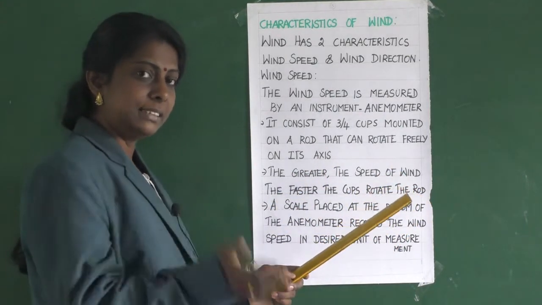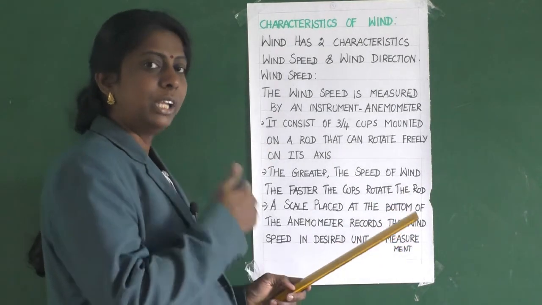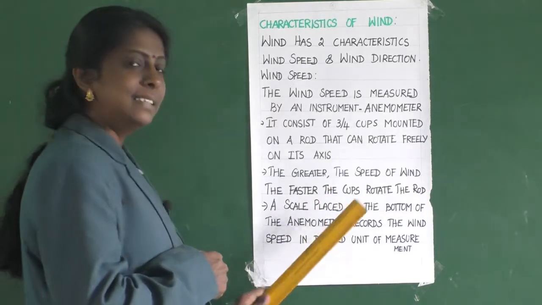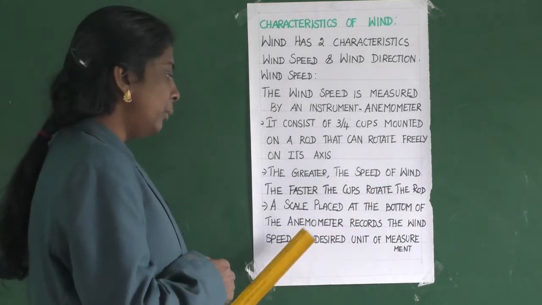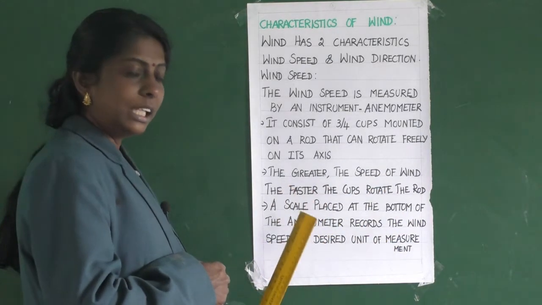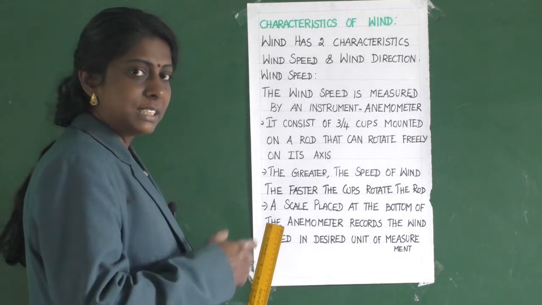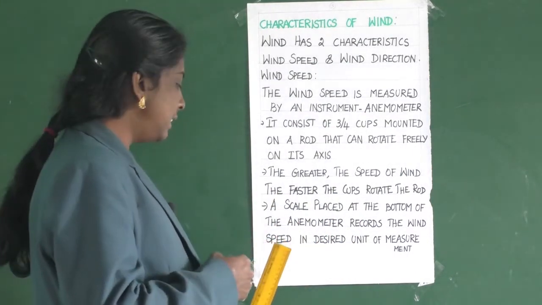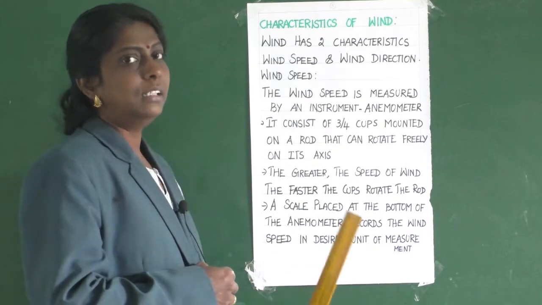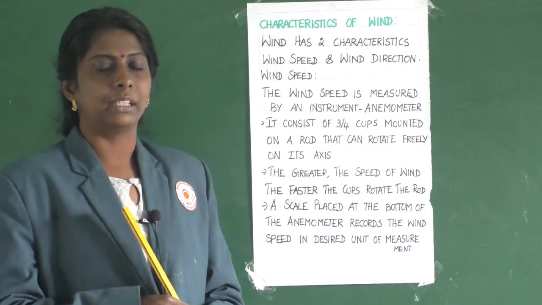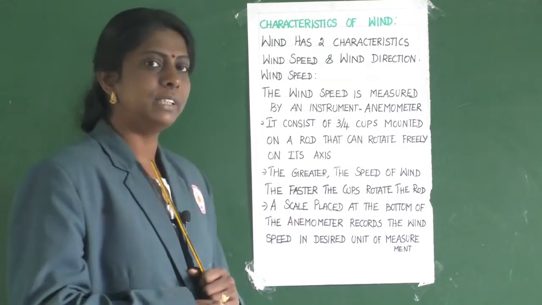So if the speed is increased, the cups will rotate fast. Okay. A scale placed at the bottom of the anemometer records the wind speed in a desired unit of measurement. Clear, children? So this is what we learned about wind speed.